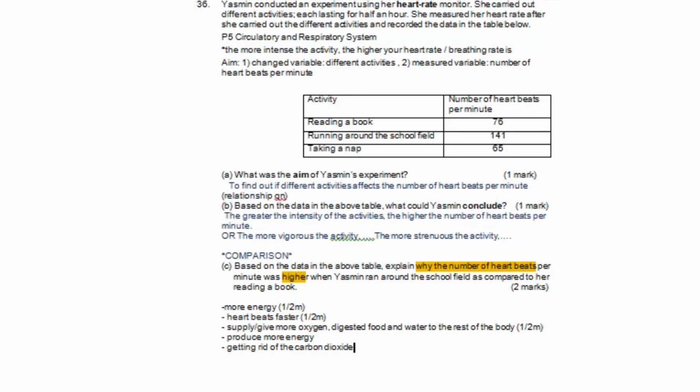Now, can I just stop here? Getting rid of carbon dioxide. No, I can't, because getting rid of carbon dioxide, I'm not comparing. I need to say I am breathing faster and my heart is beating faster because I'm getting rid of the carbon dioxide faster or more quickly. You need to add this word over here.